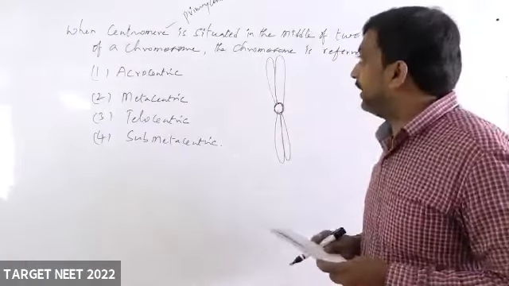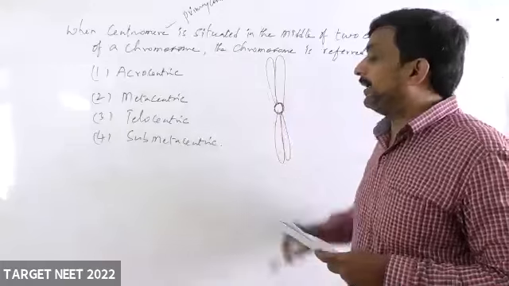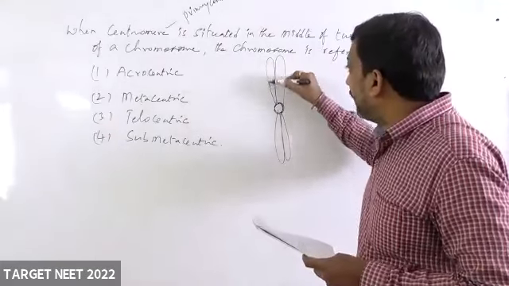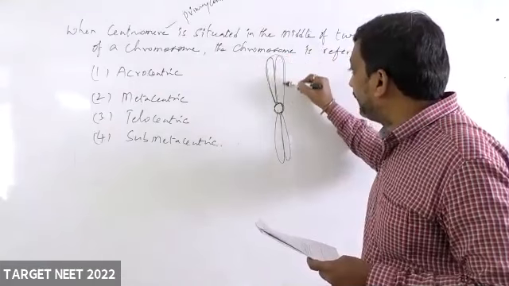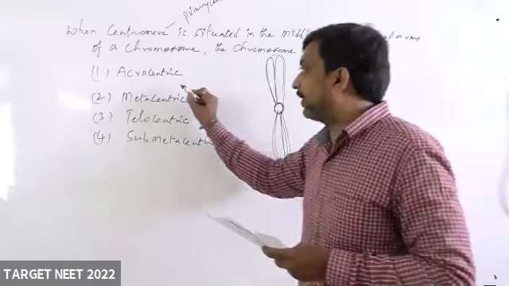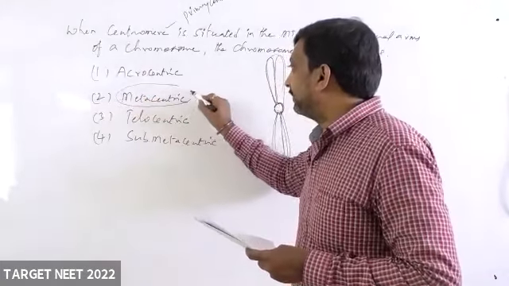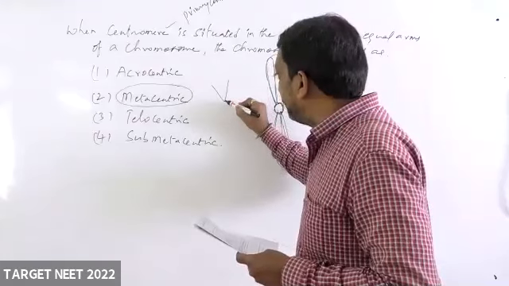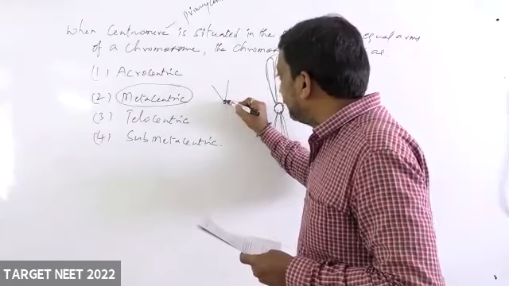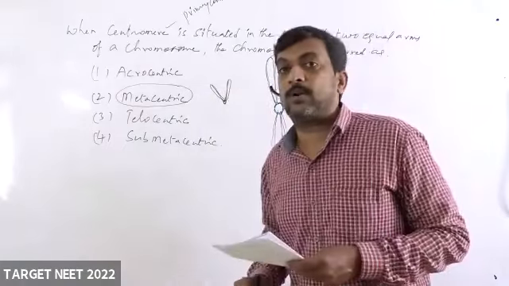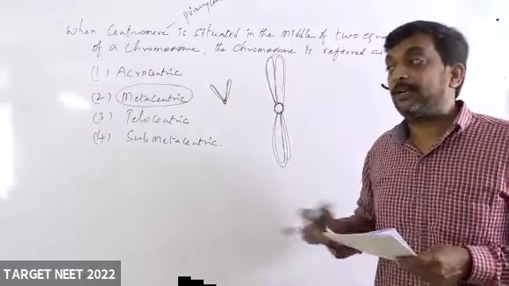Now, in the given statement, if the centromere is located exactly in the center, dividing the chromatid arms into two equal parts, then the condition is what we call metacentric. This shape is what we call a V shape, with equal arms.